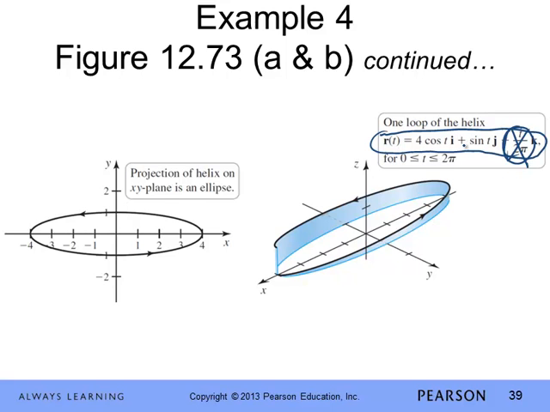Now, remember back when we talked about parametric equations at the end of Calculus 2. When you have x of t is equal to 4 cosine of t and y of t is equal to just sine of t, all right, that parametric curve is an ellipse.